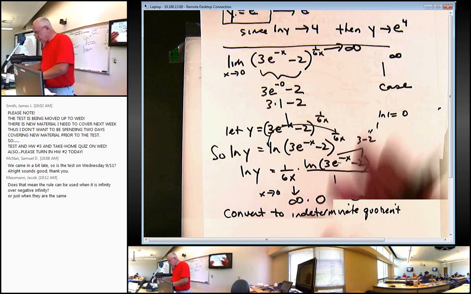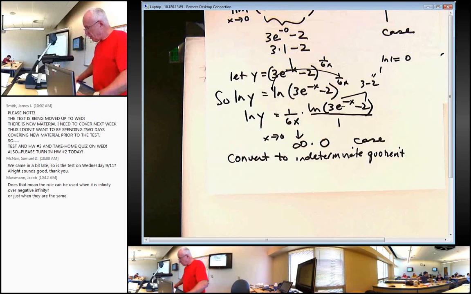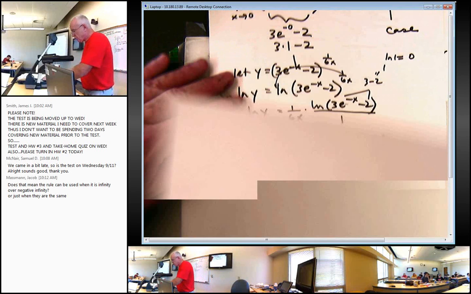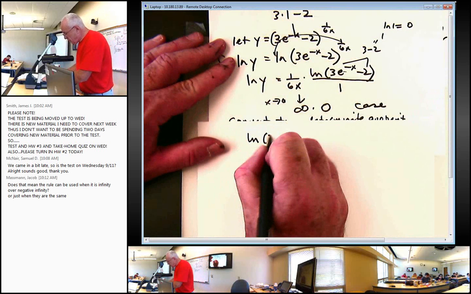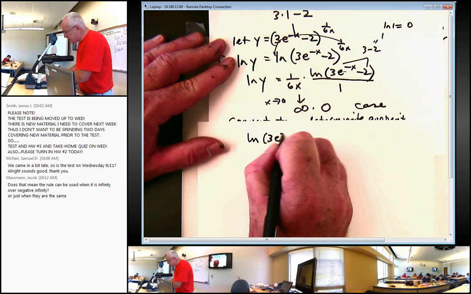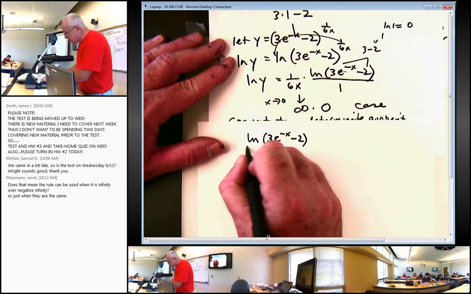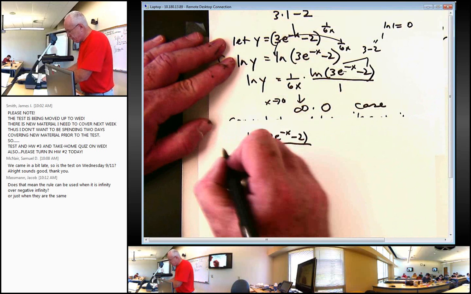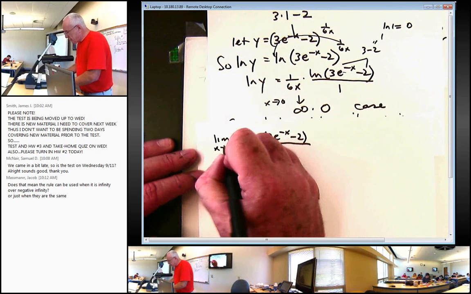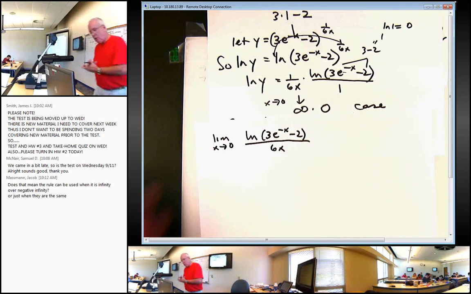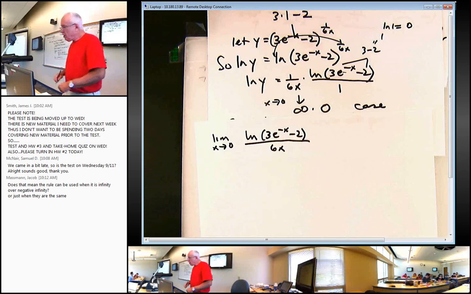So let's do this then. Therefore, we're going to write this as the ln of (3e to the minus x minus 2) in parentheses over 6x. And this, of course, is the limit as x goes to 0. All right, so what happens here?